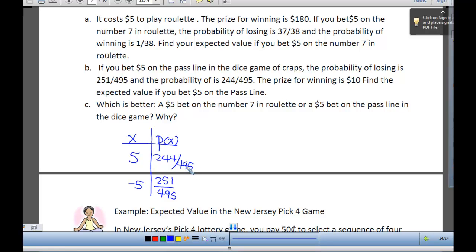By the way, we should note that the sum of our probabilities is 1. So this is a valid probability distribution. So our expected value is 5 times 244 over 495, minus 5 times 251 over 495.